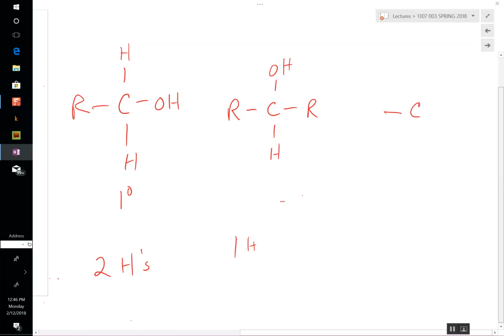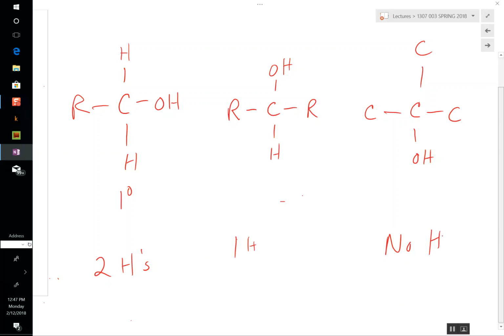And this is a tertiary. I'm talking about what's on this carbon that carries the OH. When you have an OH, that's 1 bond, and you have 3 carbons, that's it. That's all you can have. Carbon has 4 bonds around it. So there's no hydrogen on there.